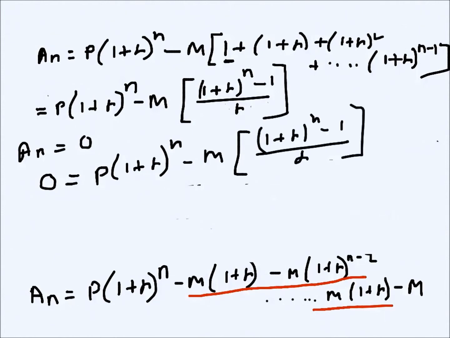So if we know P, R and M, then the equation can be solved for n, because there is just one unknown left, and that way it can be found how much time that person takes to repay the whole amount. Anyway, I will do an example later on, but this is just the theory.